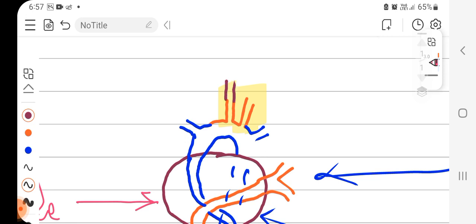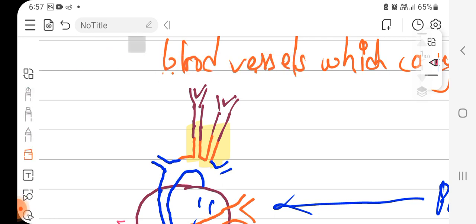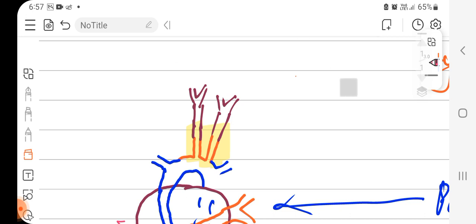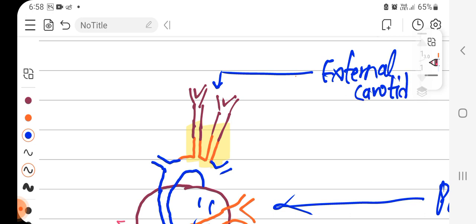Let's elongate this carotid part and make the external and internal carotid. Let me first name this and then we will move on. The artery on the inner side is known as the external carotid.